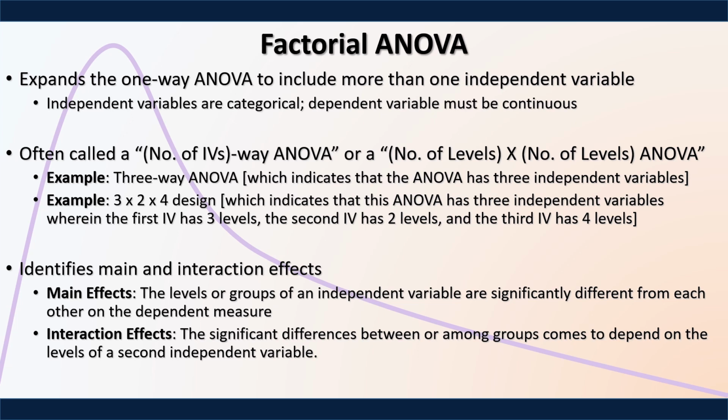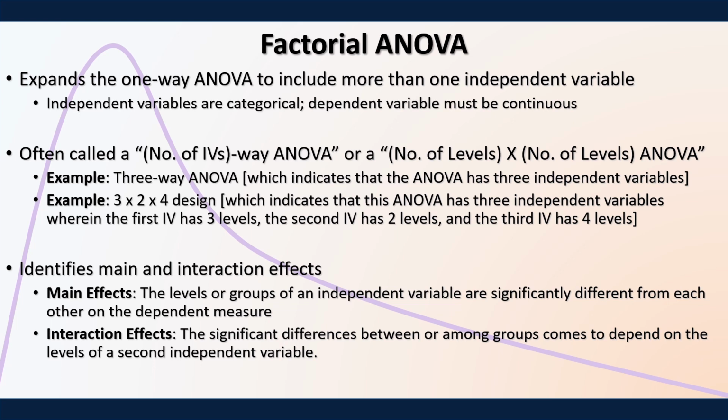Here are a couple of points that I wanted to make about factorial ANOVAs before moving forward. We refer to factorial ANOVAs as blank-way ANOVAs, where we substitute blank for the number of independent variables that ANOVA is testing. For instance, a three-way ANOVA is testing 3 different independent variables, whereas a 5-way ANOVA has 5 different independent variables.